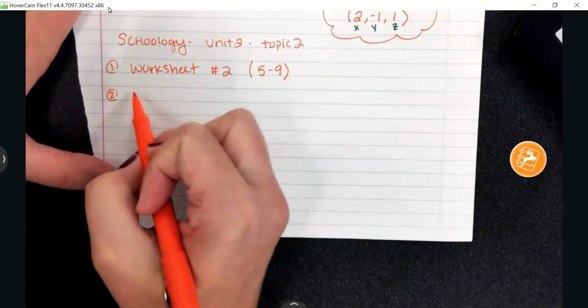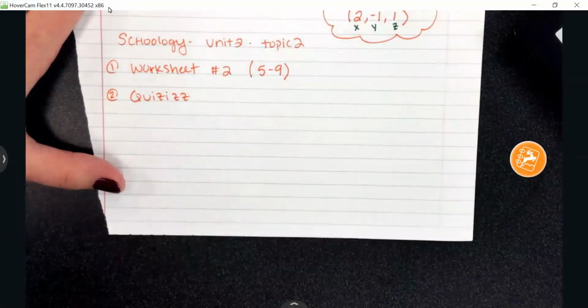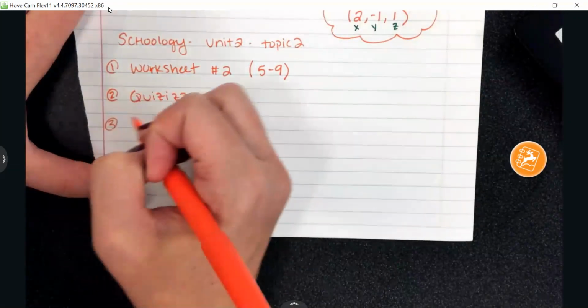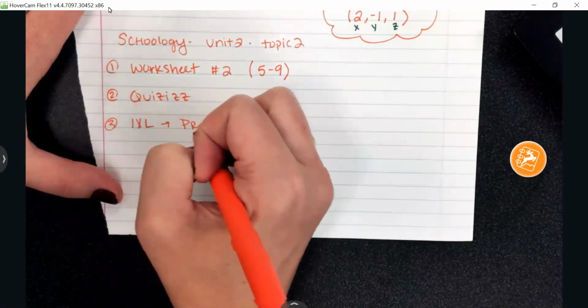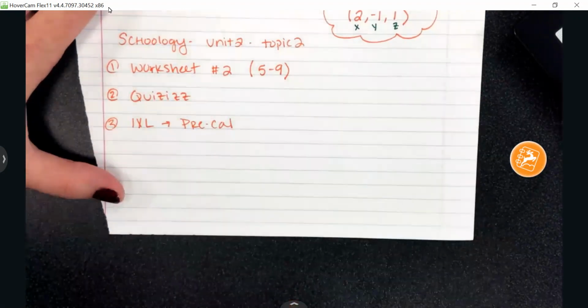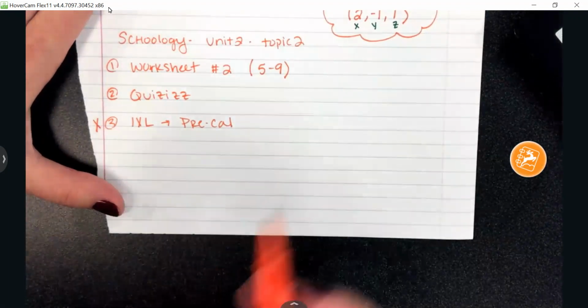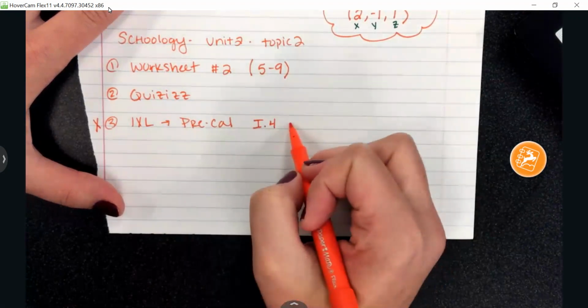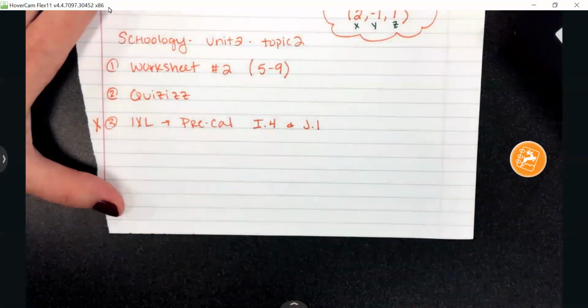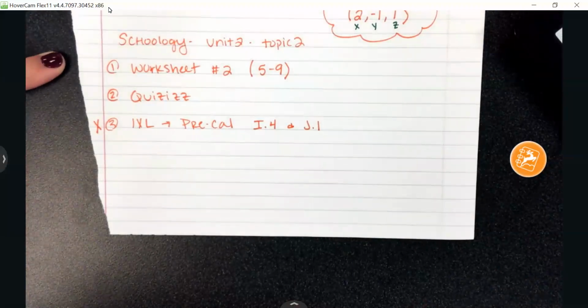Number 2, there is a quiz that you may do. And number 3, if you prefer to work in IXL, you may do so, but that is not my recommendation today. This I would not do, but that's your choice. If you are in pre-cal, I4 and J1. So I personally would start on this worksheet, numbers 5 through 9, okay?